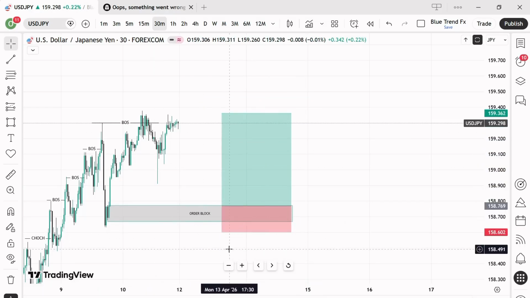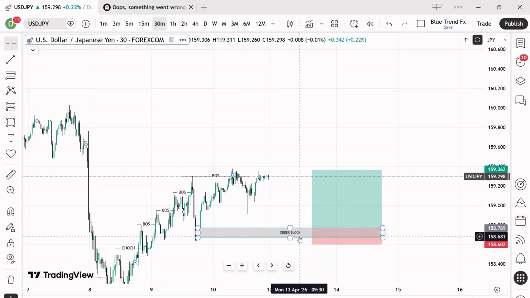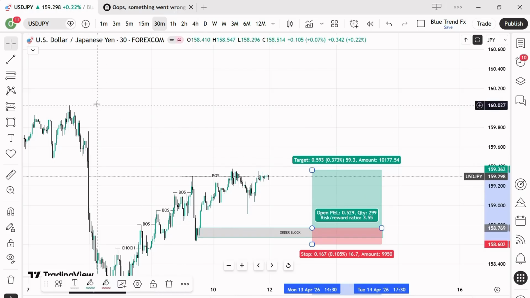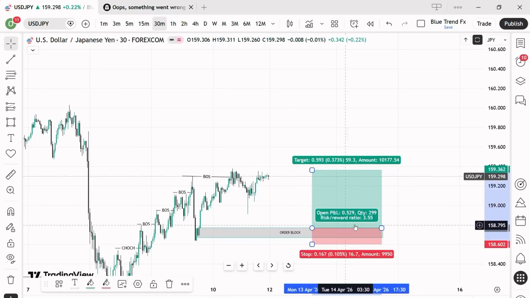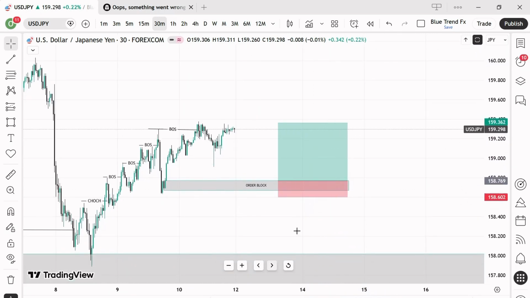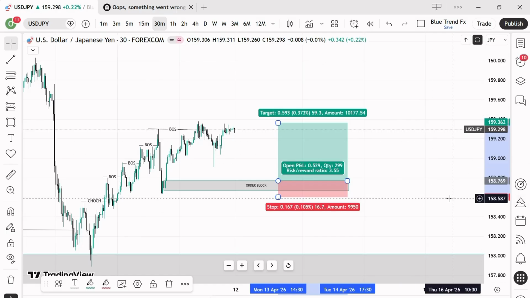Then if you're happy to hold, you can hold to this level. So if you want to take a screenshot of the coordinates, please feel free to do that now. You can find that on the right hand side corner right here.